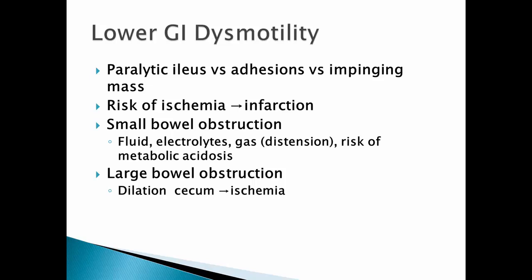So once again, if you think about both small bowel obstructions as well as large bowel obstruction, the commonality there is the distension from either gases or secretions that is causing more intraluminal pressure. But it's important to be able to differentiate between the two.